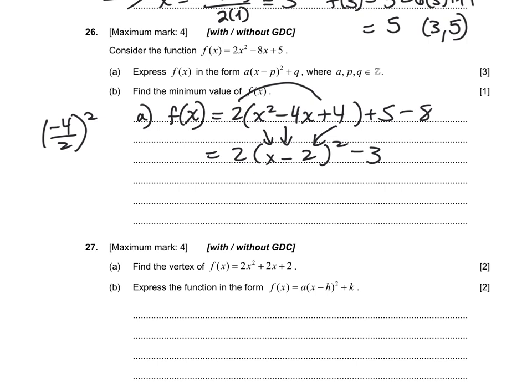You could have also done it another way. Really you should be comfortable with completing the square, but until you are, you can always do the longer route with negative b over 2a, so that's going to be 8 over 4, 2, and then substitute that back in to find what we know should be negative 3.